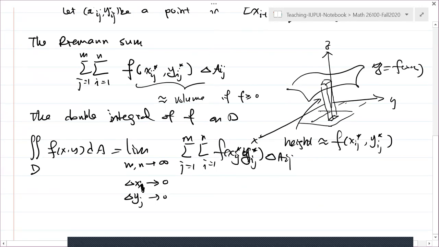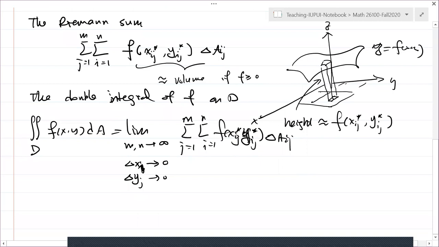Now in the book, maybe we just assume that they have equal size. If they have equal size, when m, n approaches infinity, definitely delta xi and delta yj approach 0. So if all those intervals have the same size, then delta xi is going to be b minus a divided by n.